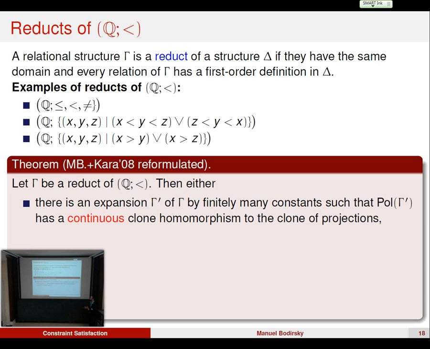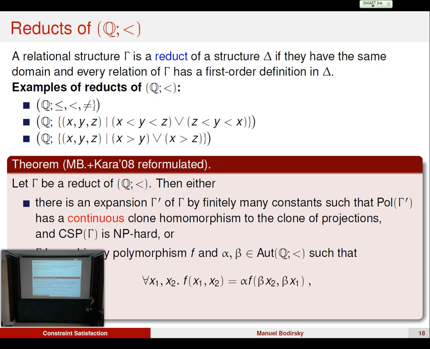In this case, we know by general principles the CSP is hard. Or, if you don't have such an expansion, then you can find a binary polymorphism and automorphisms such that this identity holds. It's basically a commutative operation modulo automorphisms.